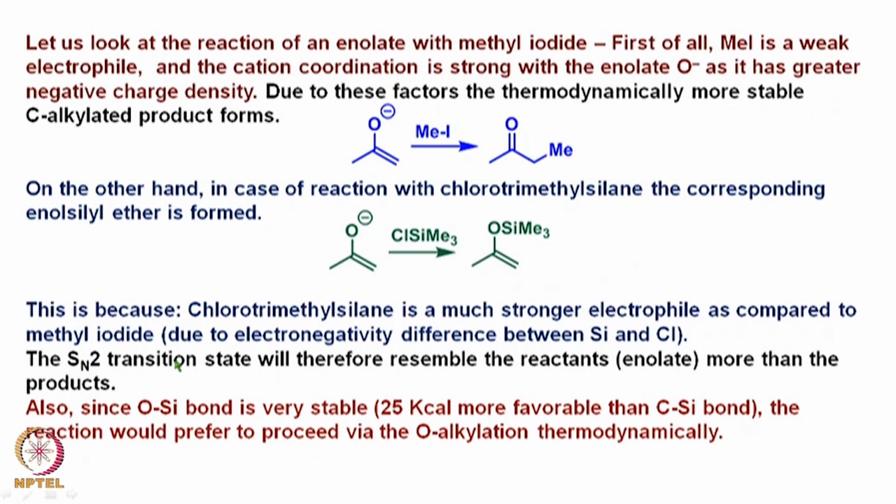In this case, the SN2 transition state will resemble the reactants, that is the enolate, more than the products. Also, since the O-Si bond is very stable, 25 kilocalories more favorable than the C-Si bond, the reaction prefers to proceed via the O alkylation thermodynamically. So these are the two other examples where C versus O alkylation can be checked.